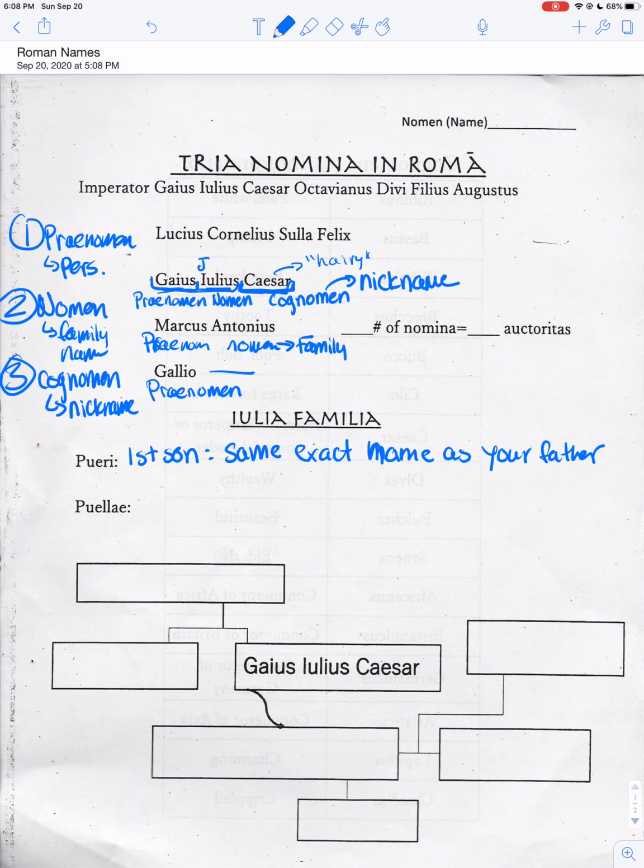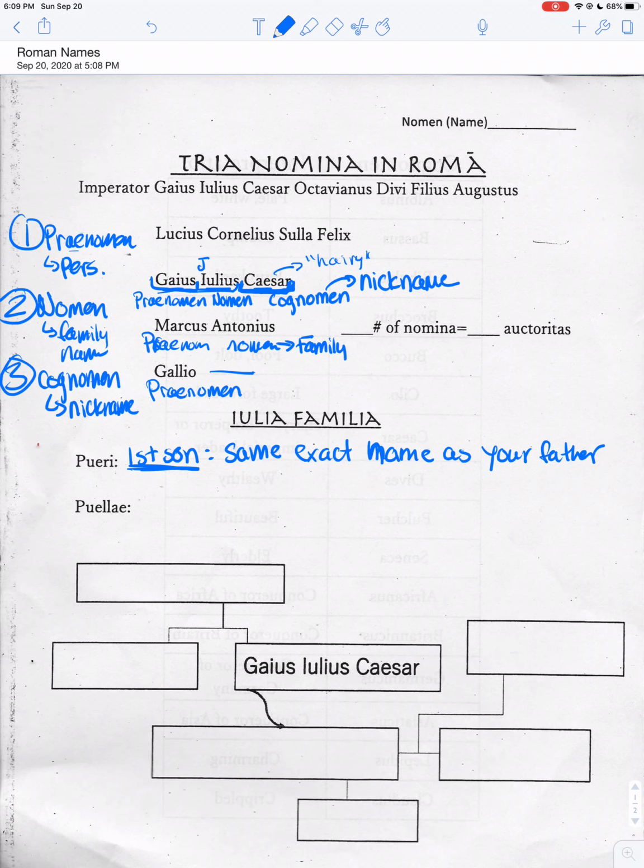Let's name that one Caesar. And so, because he was hairy, or supposedly hairy, that kept on. And again, since first sons have the exact same name as their fathers, Caesar was passed down, and so you have many Gaius Julius Caesars in the family.